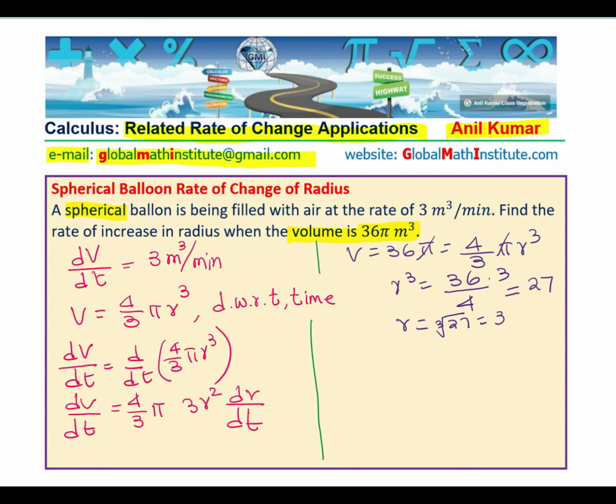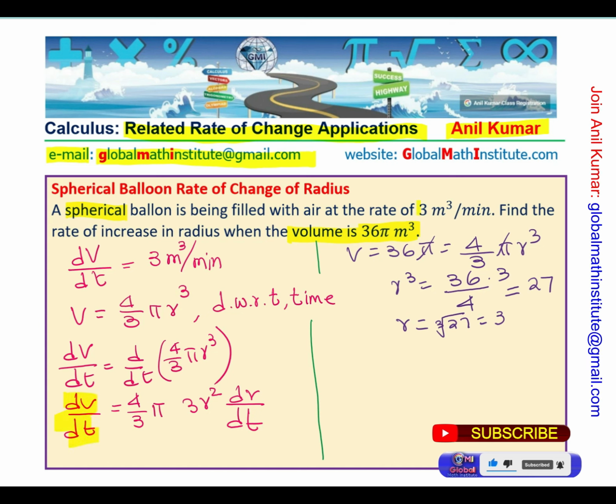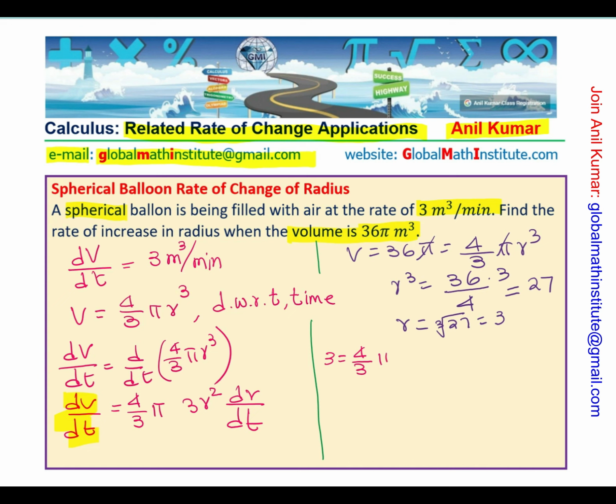So we know the radius when we want to find rate of change with time. So now the alternative for you is you can rearrange the equation or just substitute the values given and then find dr/dt. So let's substitute the values. We know dV/dt is given to you as rate of change of volume of 3 meter cube. So I'm writing 3 for that. And we got 4 by 3 pi.